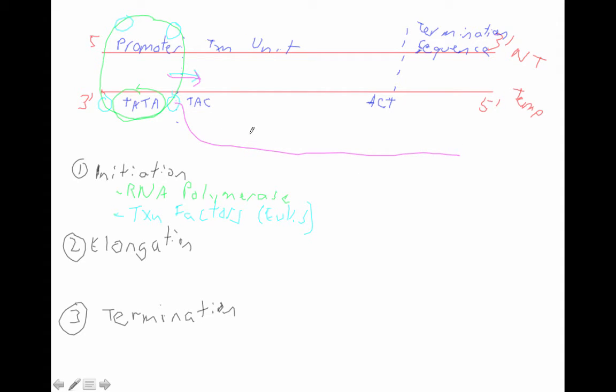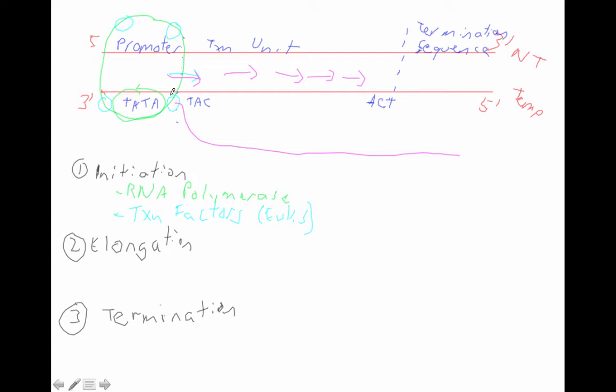So this is as it's elongating and it's moving down this transcription unit here. It's making an RNA, messenger RNA molecule. As it's moving down here, that helicase that's a part of the RNA polymerase will rip those hydrogen bonds apart to make the RNA molecule.